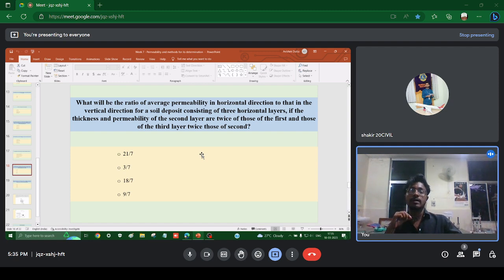And in the third layer, the thickness and permeability are twice those of the second layer. In this condition, what is the ratio of the average permeability in horizontal direction to that in the vertical direction? Your options are 21 by 7, 3 by 7, 18 by 7, and 9 by 7.